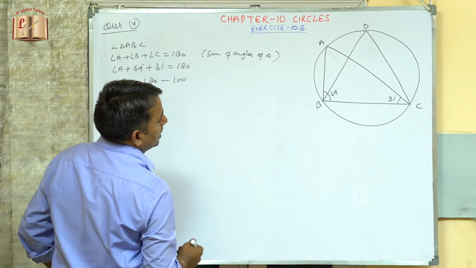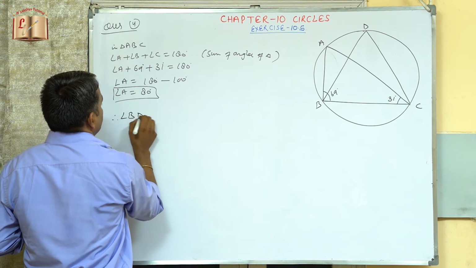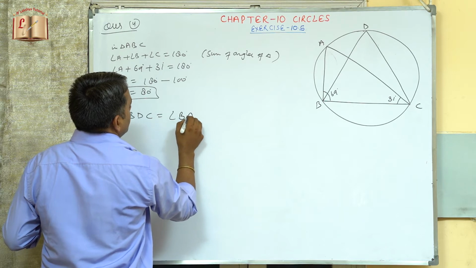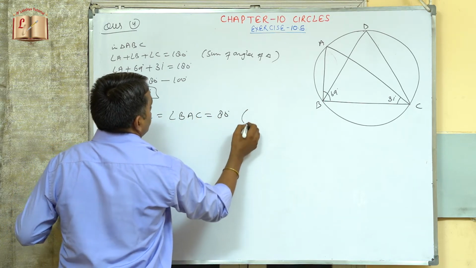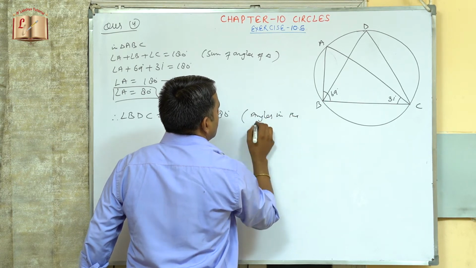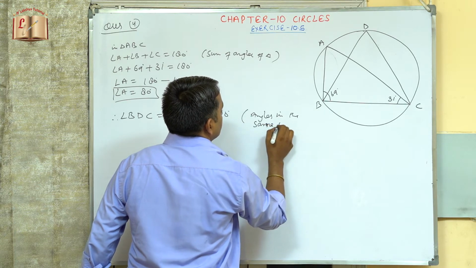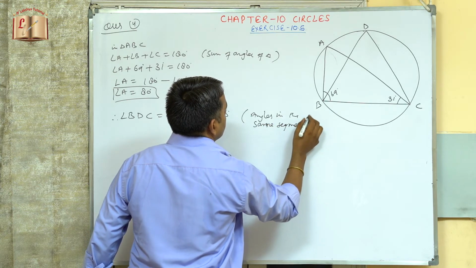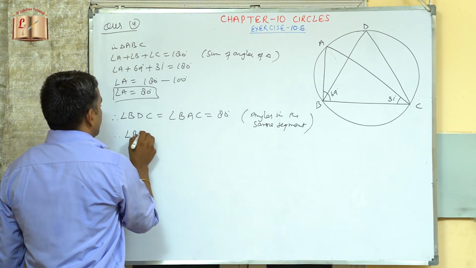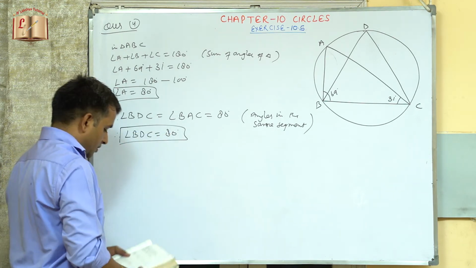We need to find angle BDC. Angle BDC will be equal to angle BAC, which is 80 degrees, because they are angles in the same segment. So we got angle BDC as 80 degrees. So this is proved.